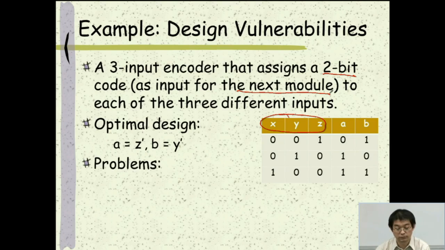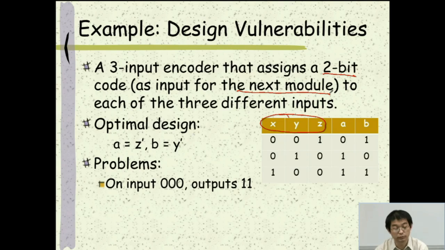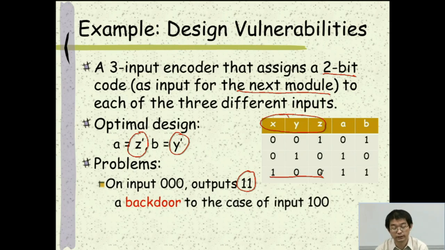First, if we have 0, 0, 0 as the input, following this design, A will be 1, which is the complement of Z, and B will also be 1, which is the complement of Y. This overall gives us an output 1, 1 as the code, which coincides with the code for input combination 1, 0, 0. So this potentially becomes a backdoor to the case of input 1, 0, 0.